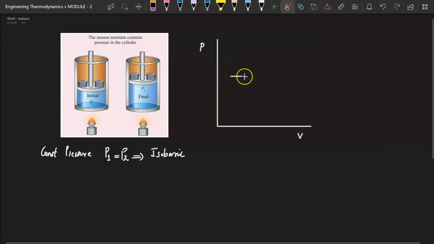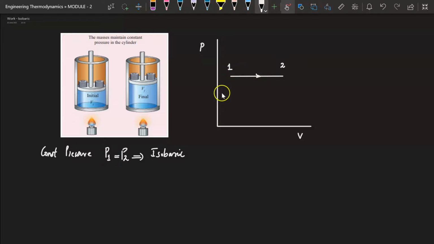I can draw it as a horizontal line, say 1 to 2. Now you can see that the volume is changing from V1 to V2, and we know that the area under this curve will definitely give us the work done from 1 to 2.